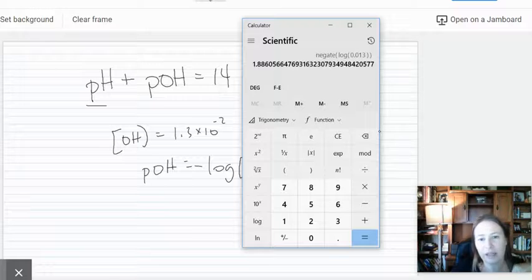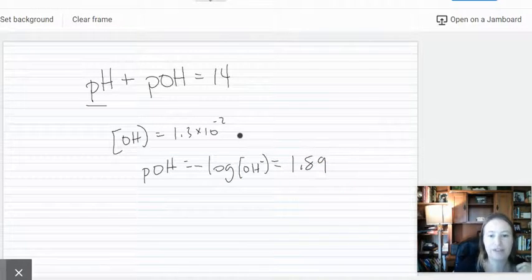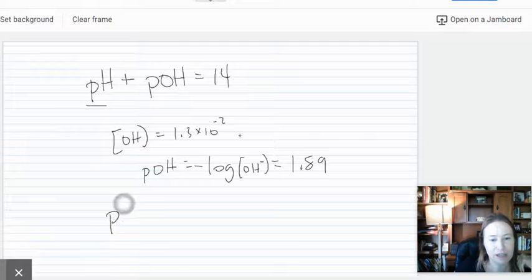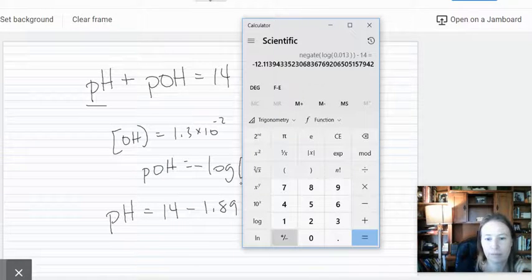It's 1.89. So if I find the pOH, pH is just going to be 14 minus 1.89, which is 12.11.